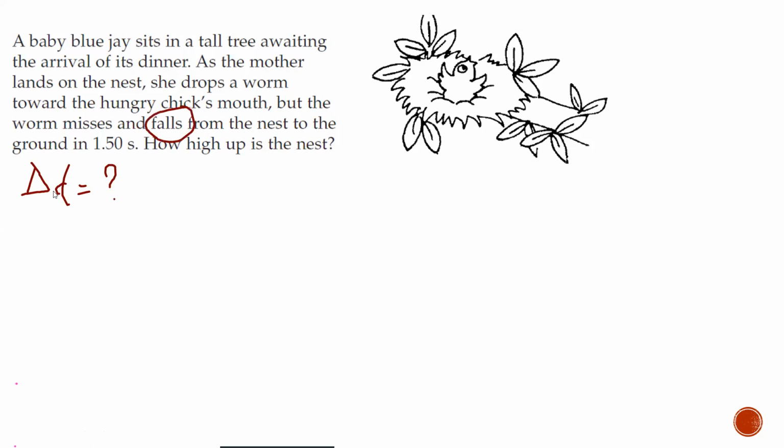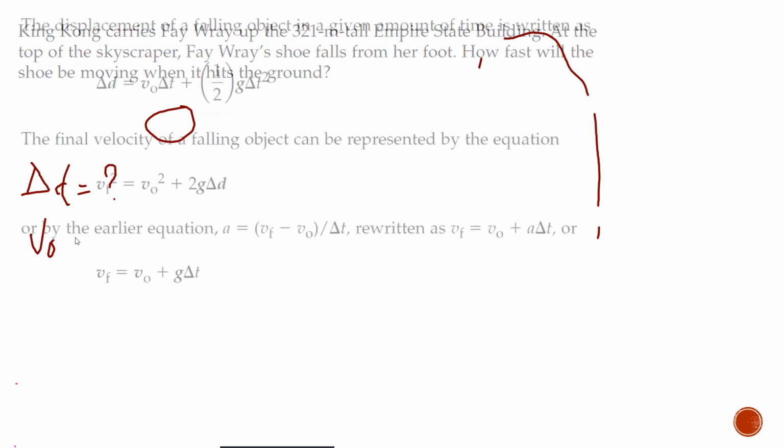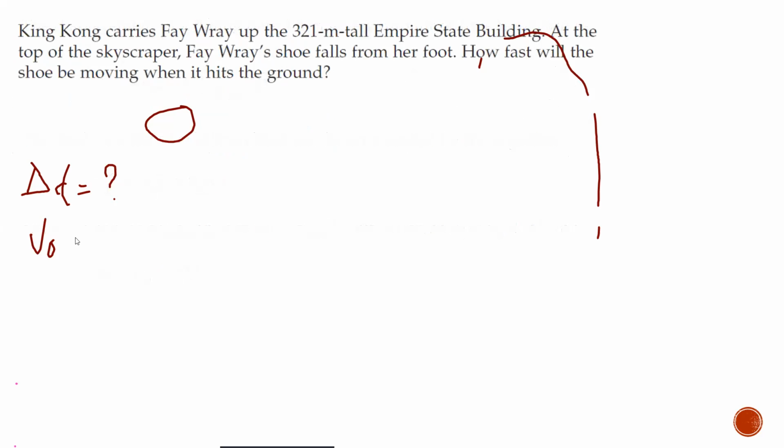So that means I'm talking about a falling object. So what is the V initial now? It's also 0. Like the falling object, it is always 0.